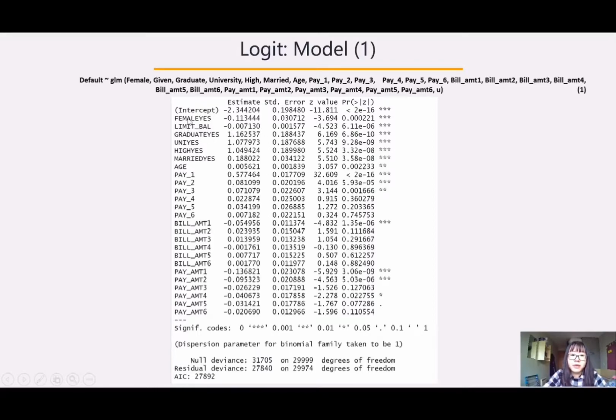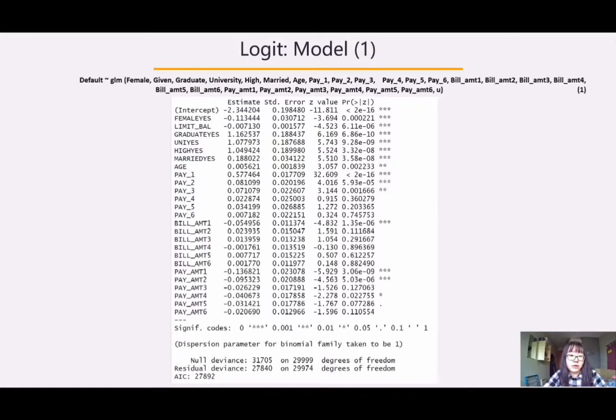For example, female is negative, which means women are less likely to default on credit cards than male counterparts, and age is positive, which means older people are actually more likely to default. That's unexpected. And for pay 1 to pay 6, they are all positive, which means the more months they delay, the more likely they will default in the end.